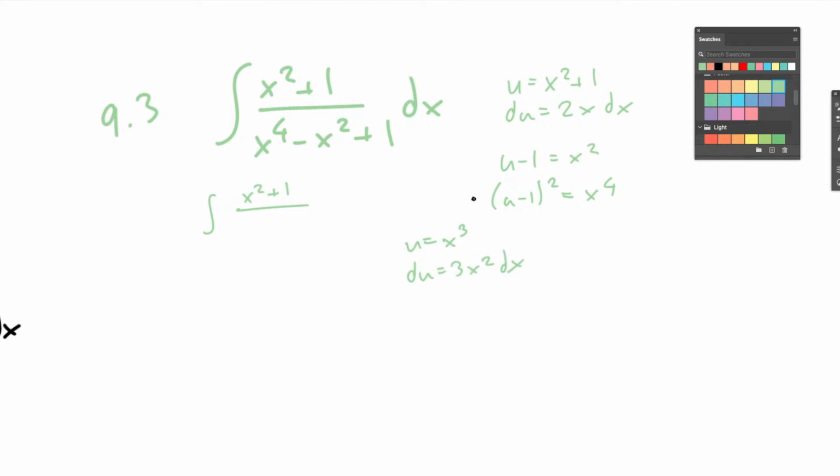But we'd have to isolate a 3x squared. However, this du would equal 4x cubed, and getting an x cubed out of this should be easier, right?